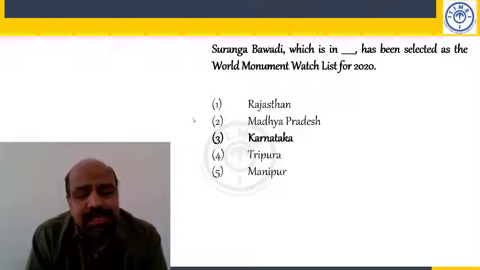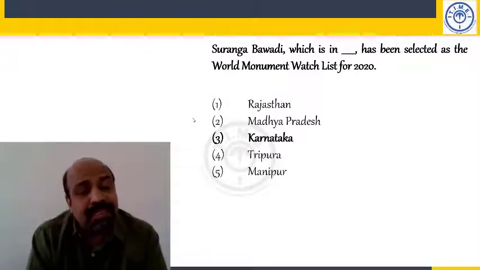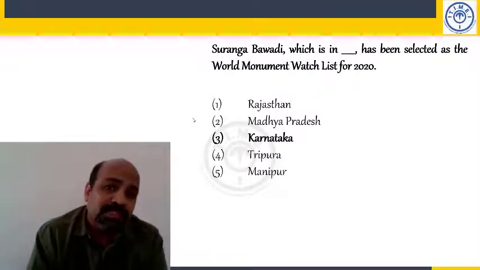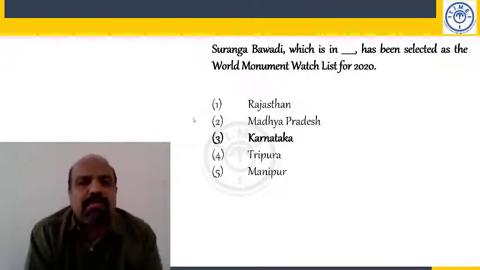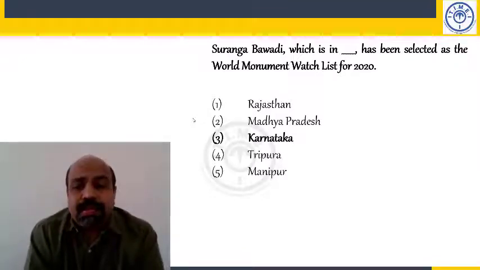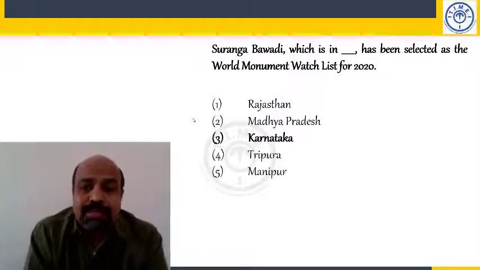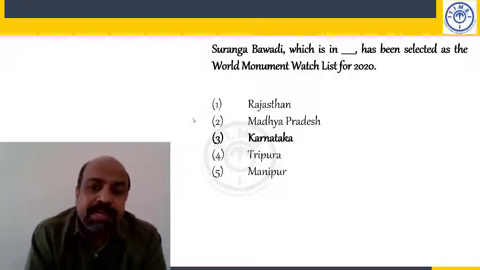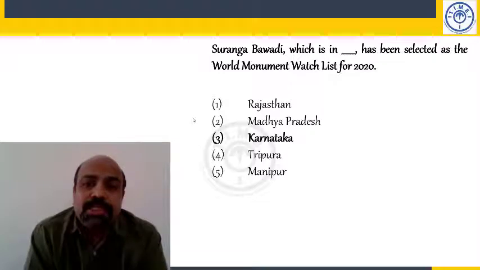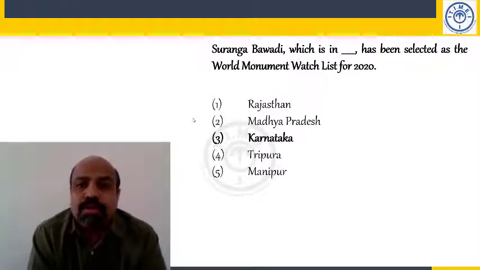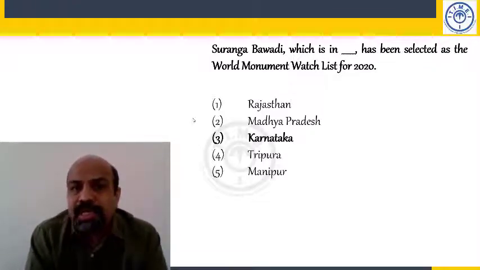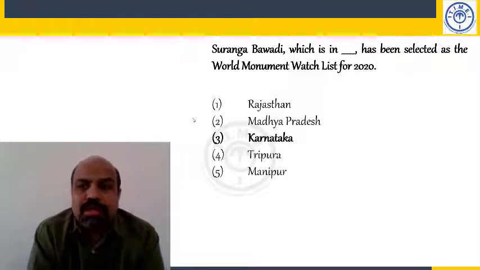See, wherever we find the names of states, we'll write the names of the chief ministers or something extra about them. Rajasthan, India's biggest state by area. Chief Minister is Ashok Gehlot.